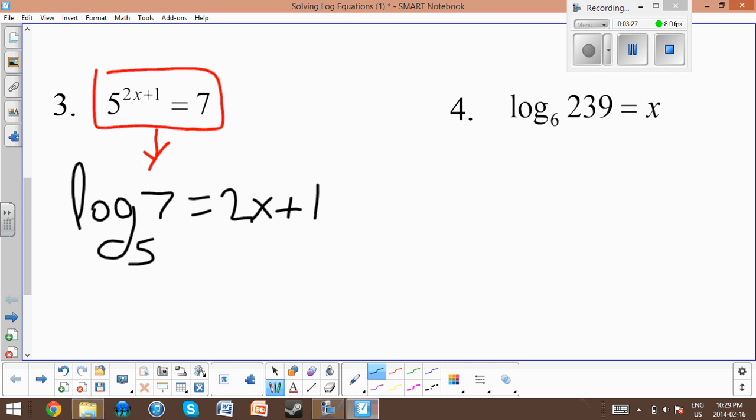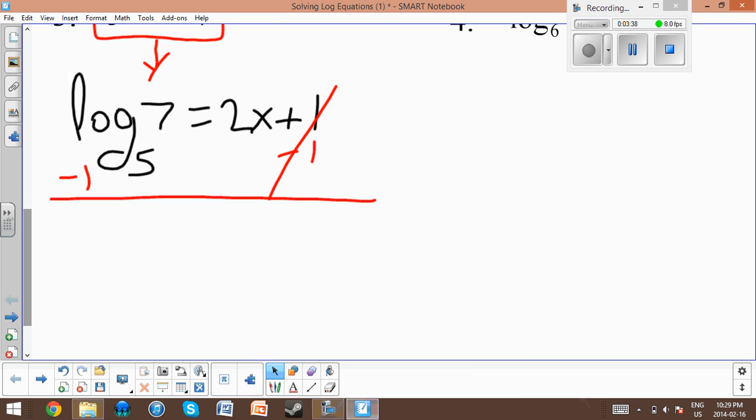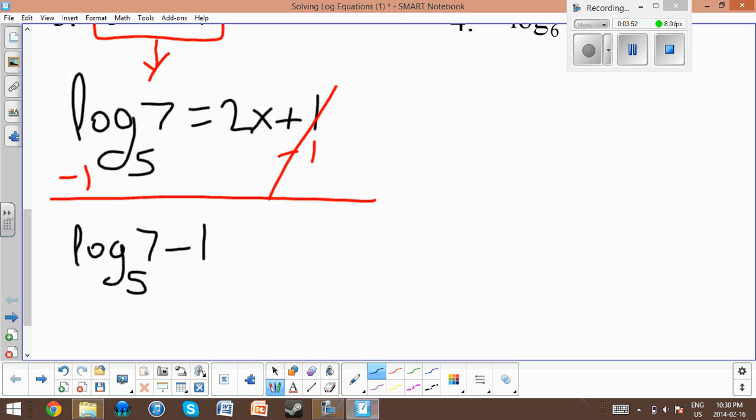Solving this simple equation requires us to isolate the variable. Therefore, we would subtract 1 from both sides. This will eliminate this 1, and you would continue by rewriting the equation as log base 5 of 7 minus 1 is equal to 2x, and then we would divide both sides by 2, which eliminates the 2.